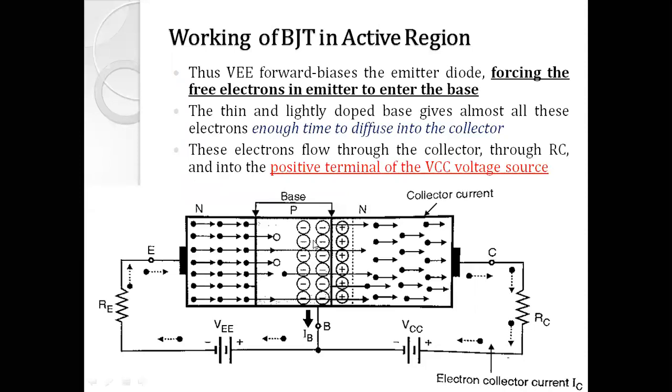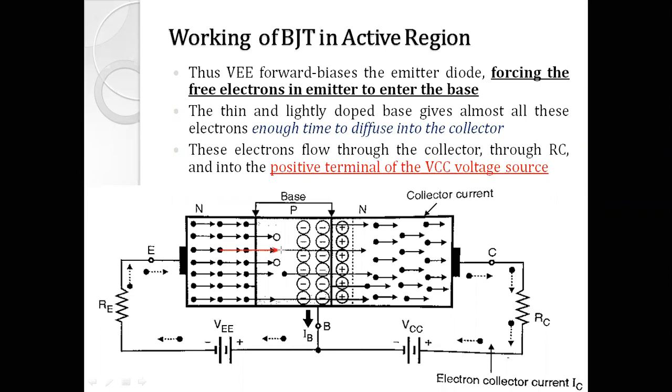So here you can see inside the diagram the flow of electrons from the emitter region to the collector region through the base region.